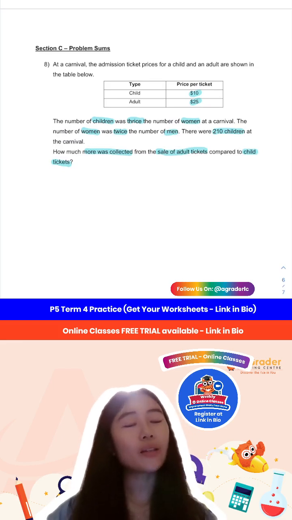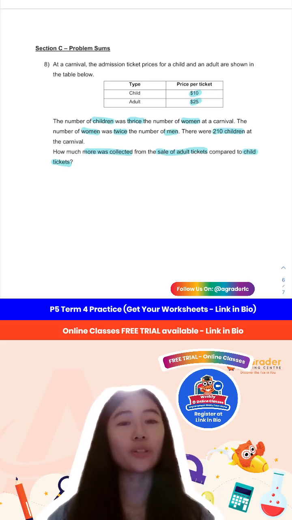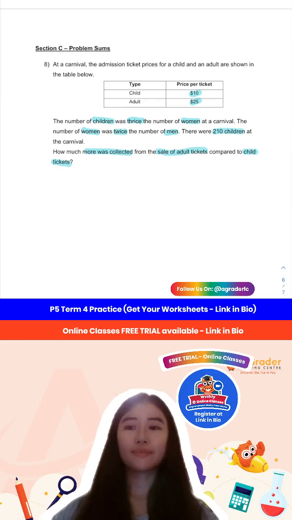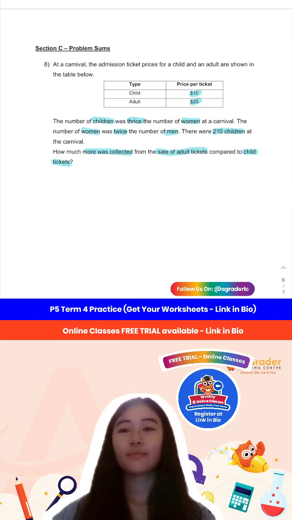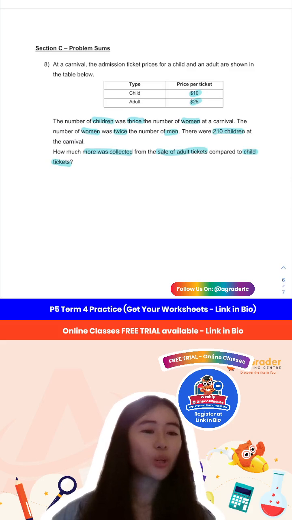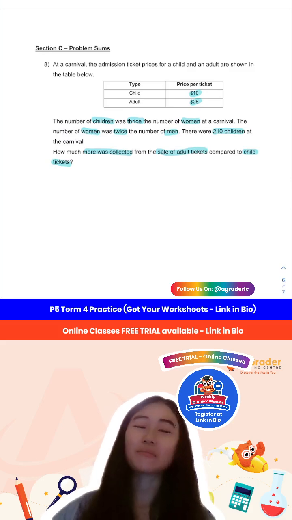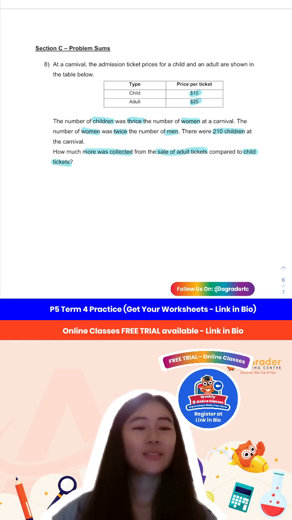So find out how many adults there are before you even calculate the amount of money for each type of ticket. So I will go through this question when I see maybe 3 correct answers.